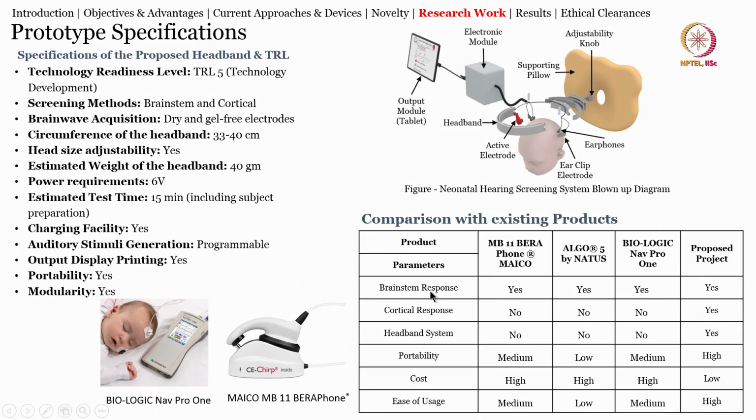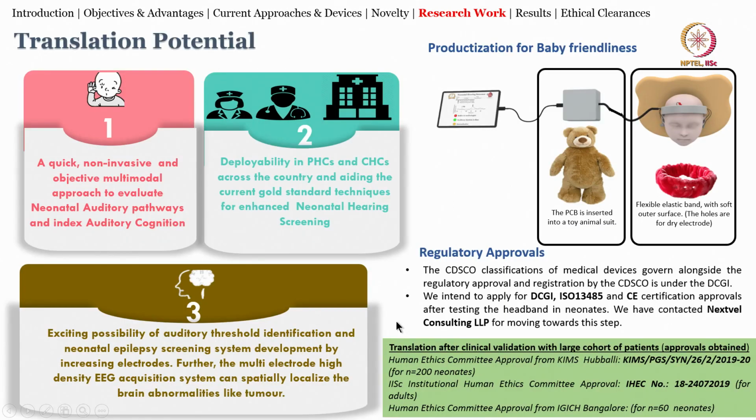Brainstem response our system can do, cortical response yes, headband system yes, portability very high, cost extremely low compared to the existing commercial products, and ease of usage extremely high and very easy to use.